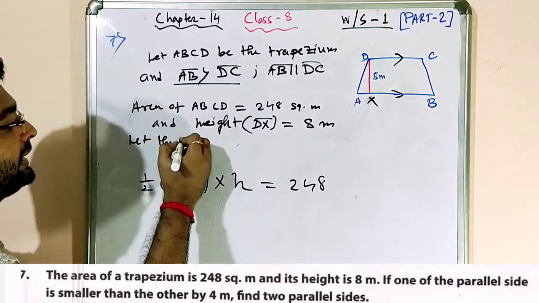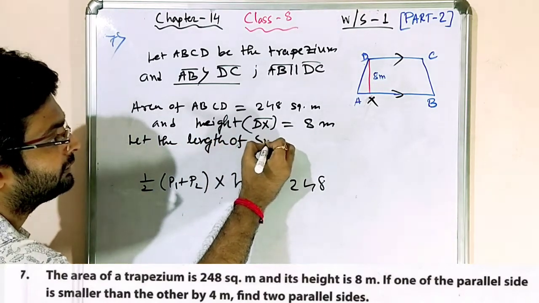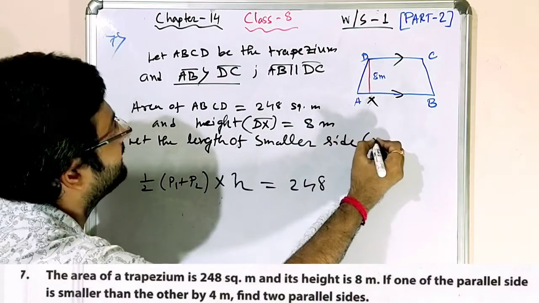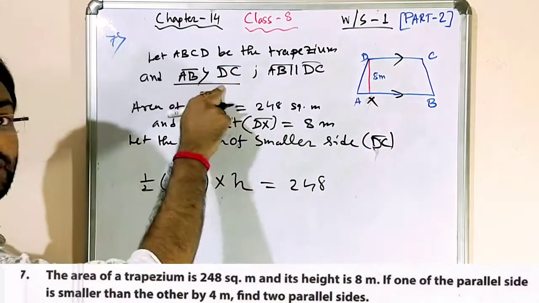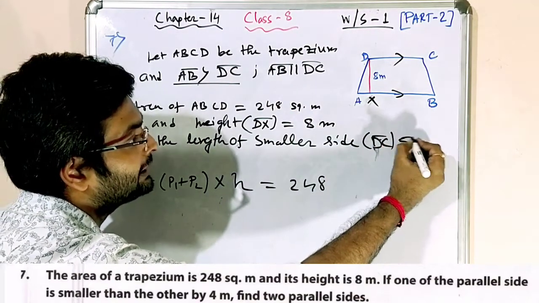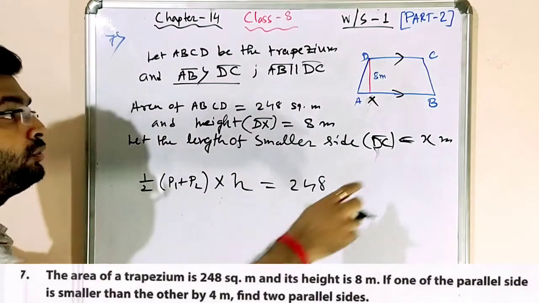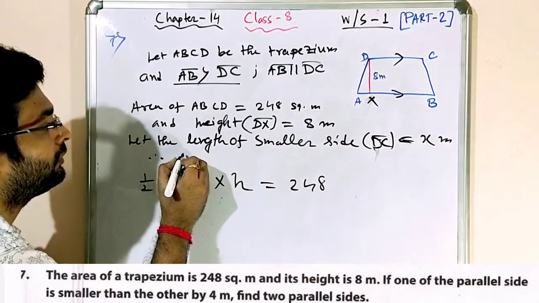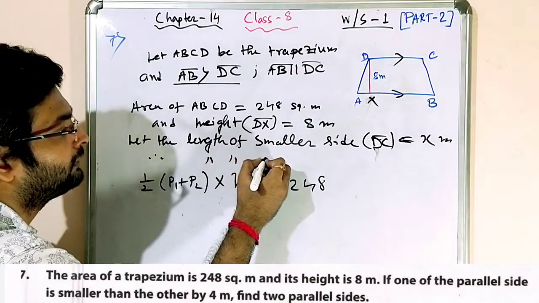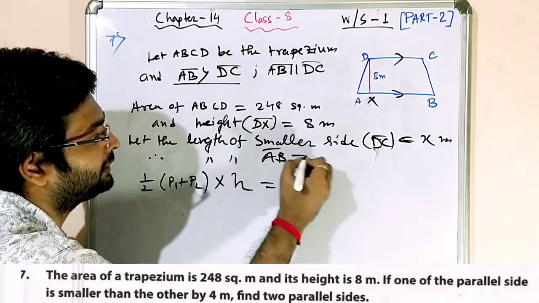So here I have to take the length of the smaller side, DC, equal to X meter. If that one is X meter, then what is the length of AB?